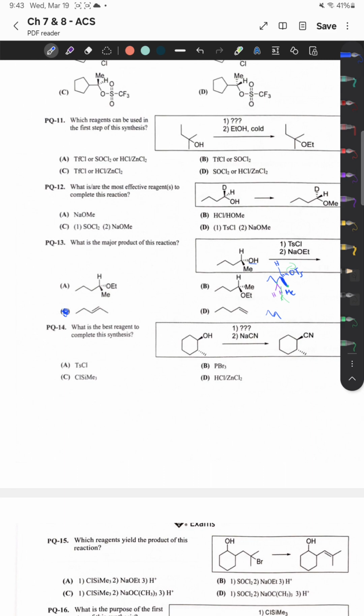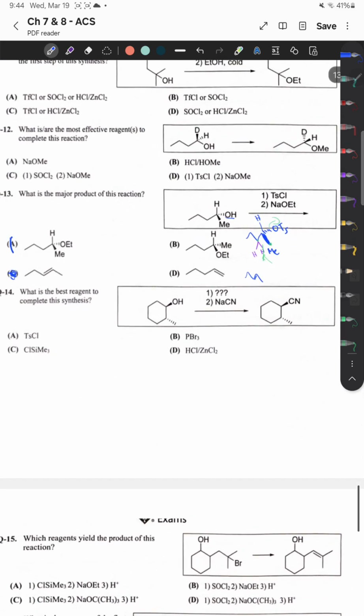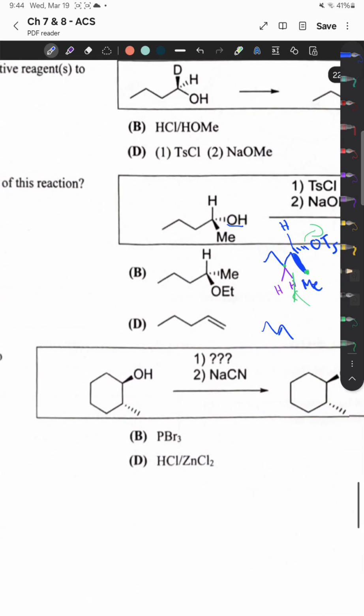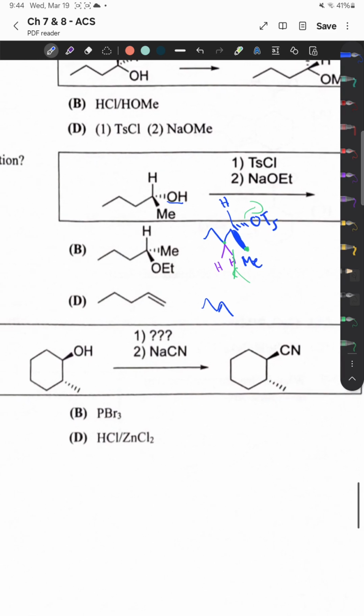So we had to convert it into something willing to leave, something bulky that can't be bothered to stay. So it wouldn't substitute, because we need to get rid of the OH. And when the OH turns into an OTs, the OTs just can't be bothered to change anymore. So there wouldn't be any ethoxide just swapping places. There's no swapping.